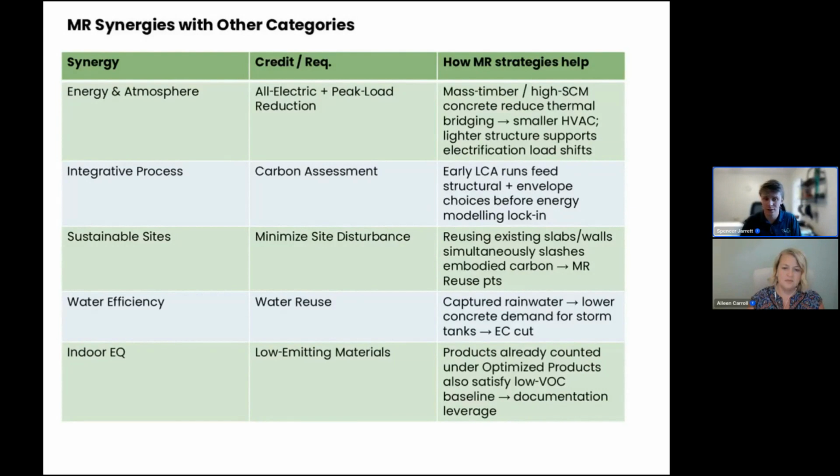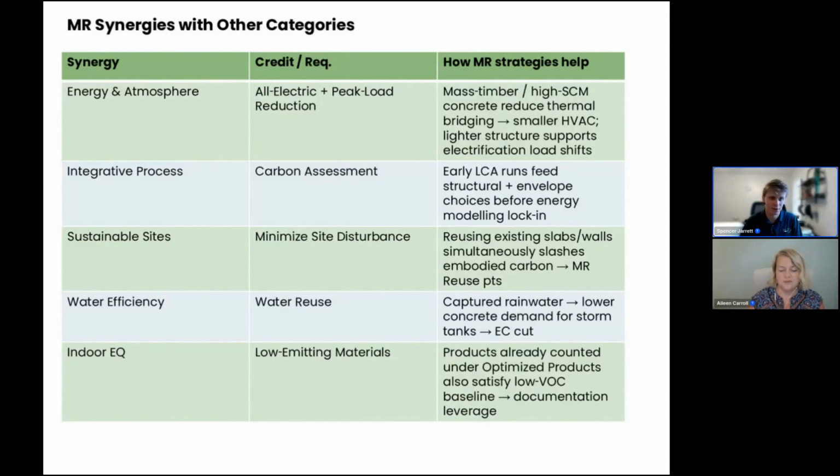So this feeds in nicely to the MR mindset as well, because you have more impermeable surfaces on the site. Typically, that's your concrete, that is the asphalt in the parking lot. By cutting out some of those materials, you'll not only reduce the embodied carbon impact, but you'll be able to actually use some of that water that's hitting the site from storms that come along, rather than all of it being taken away by the stormwater system.